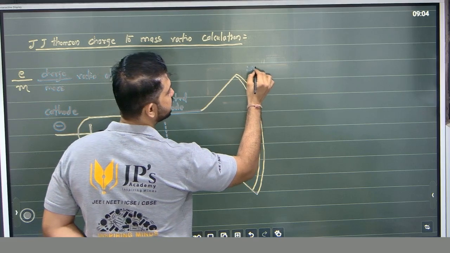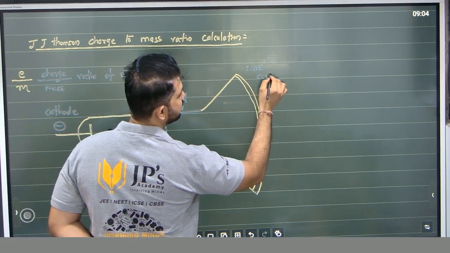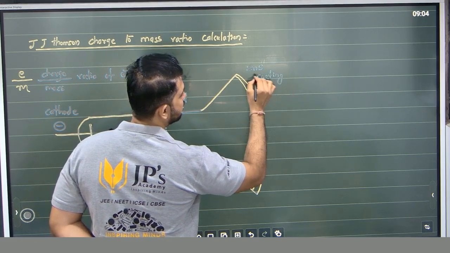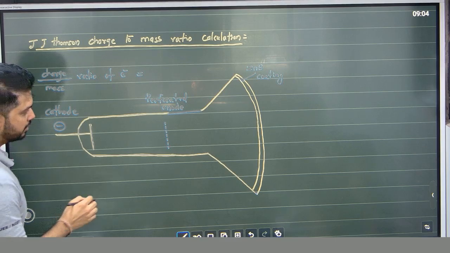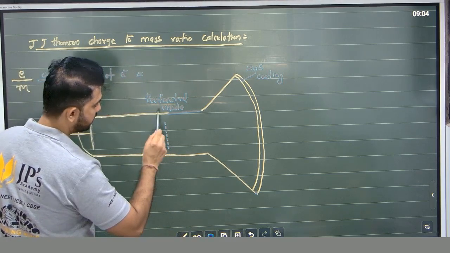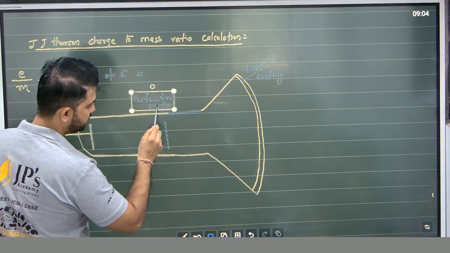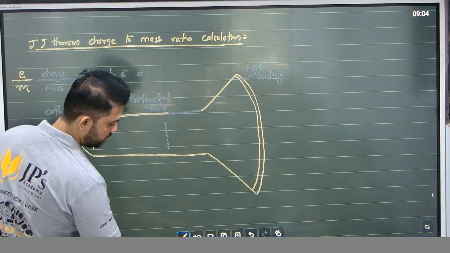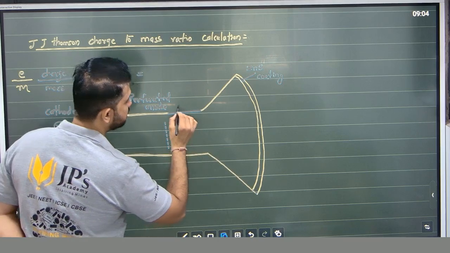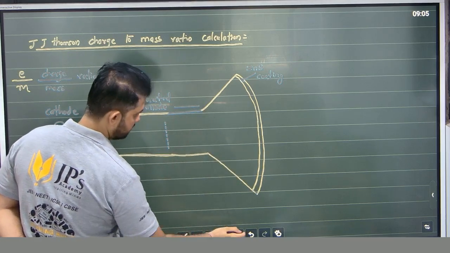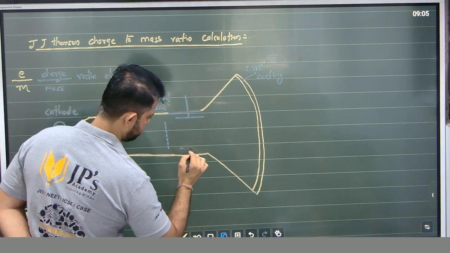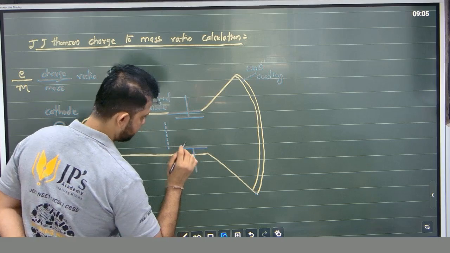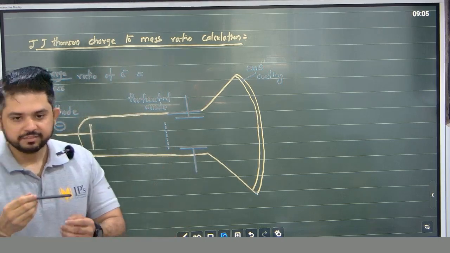This was zinc sulfide coating. Next, what was done is, in the path of the cathode rays, there was an electric field placed. So let's say this is the trajectory.